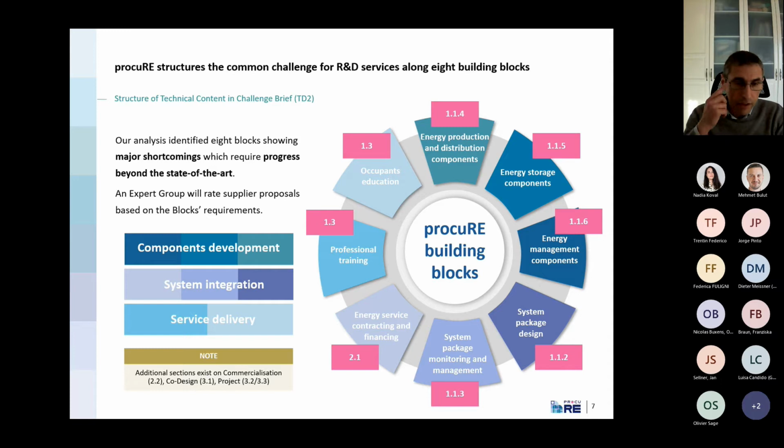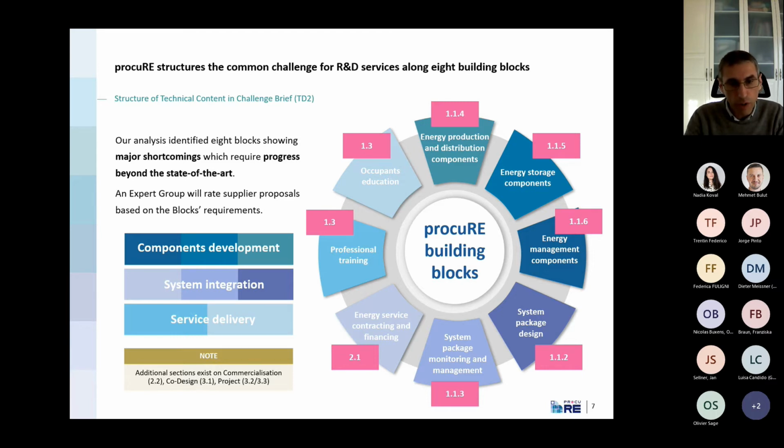Finally, again, we are looking for solutions that are applicable. So we are not looking for retrofitting some few specific buildings within the project. We are willing to identify solutions that are applicable over time and over the building stock of the procurers.